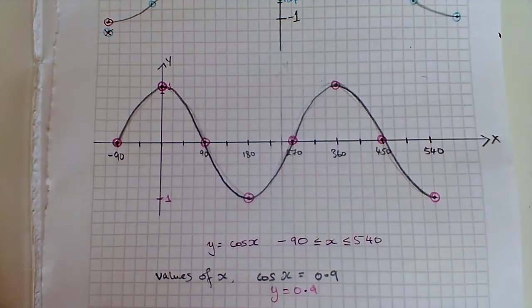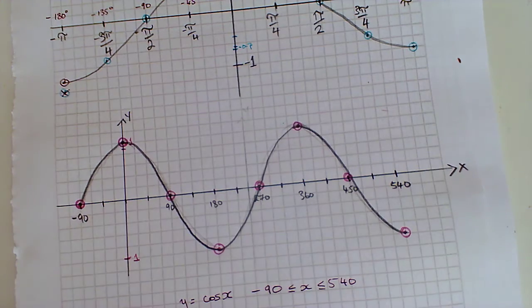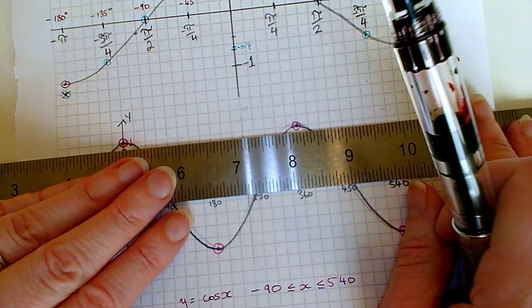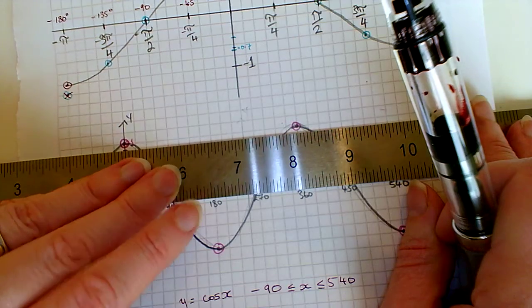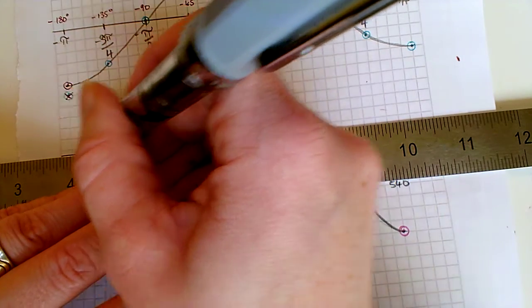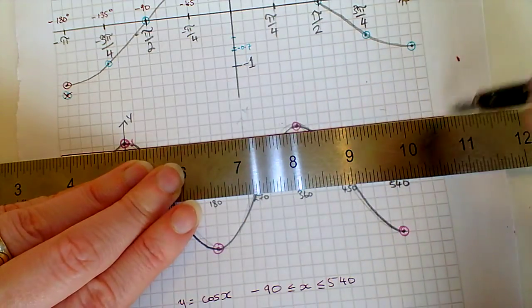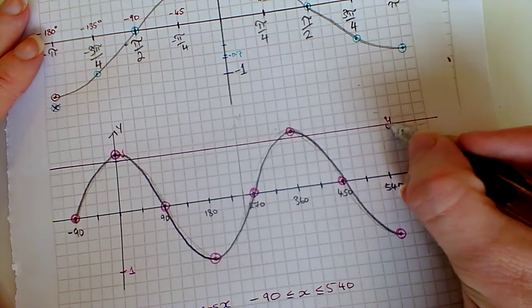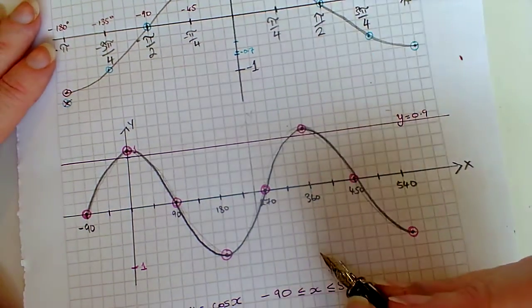And I draw a horizontal line going straight across through my graph, and I find out where it intersects my graph and what are the x values that match with that. You might have done yours with a box per point. There we go, that's the line where y is equal to 0.9 going across there.